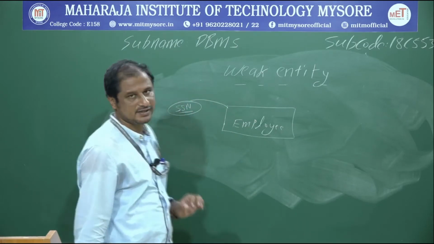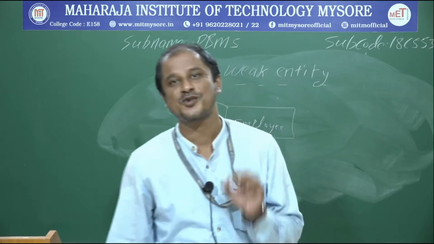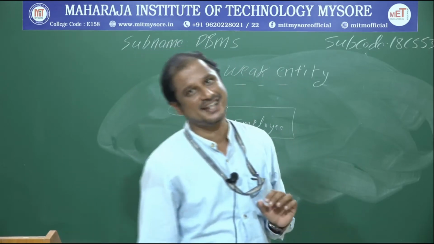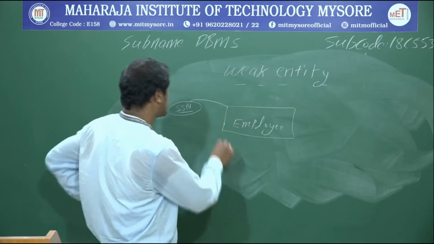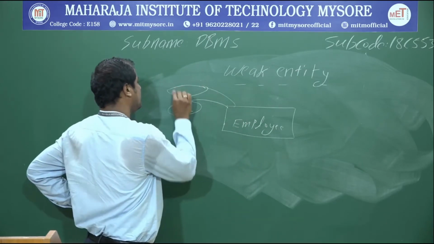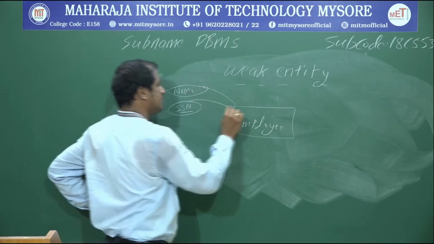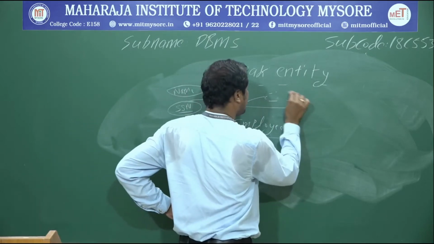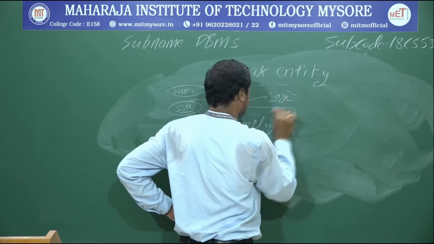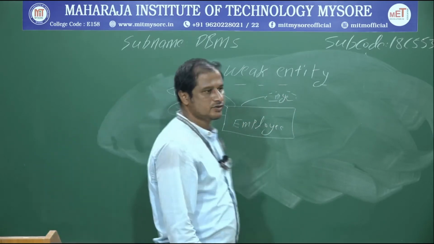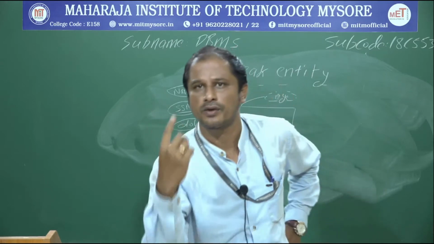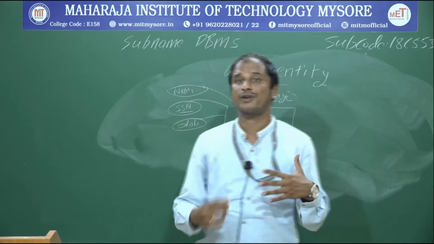So employee has its own key, his SSN as a key. That's why it's a strong entity. Then we have name. Then we have date of birth, right? Okay, so we have covered the strong entity. Now, how to define a weak entity?